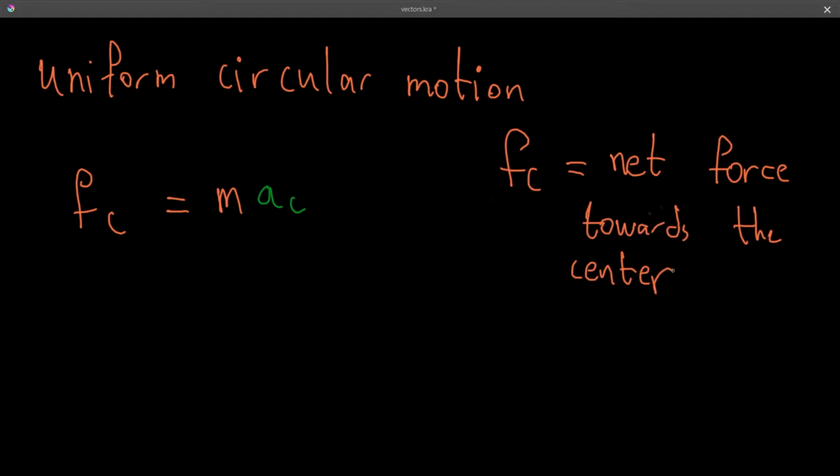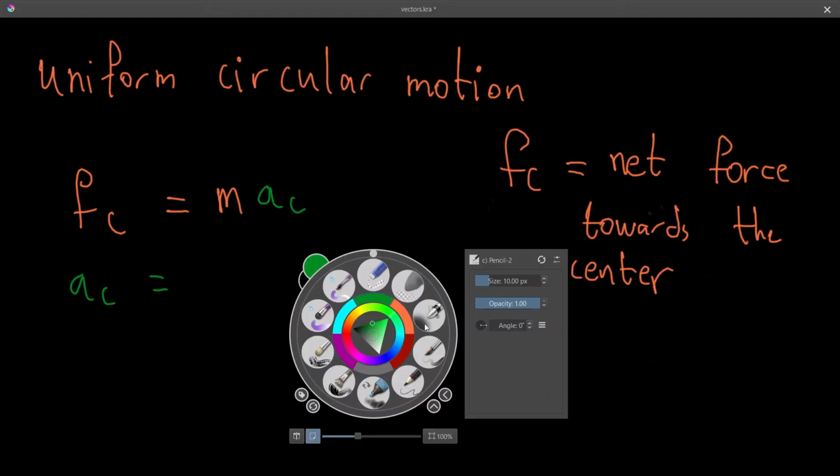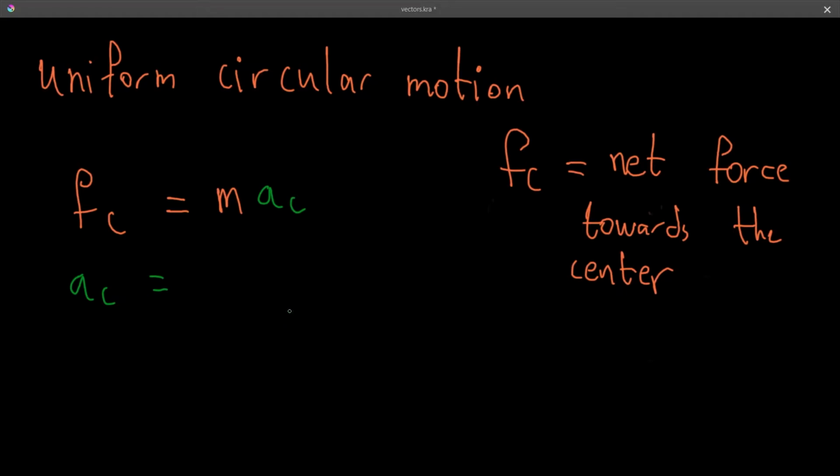Now let's write some more formulas. You've got F centripetal equals mass times acceleration centripetal. What's acceleration centripetal? Acceleration centripetal is equal to velocity squared over r, where r is the radius of your circle.